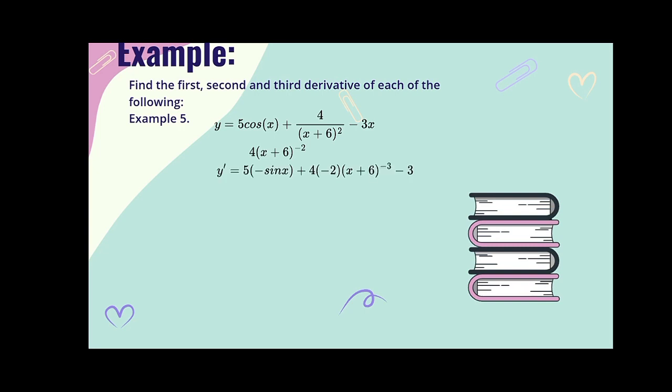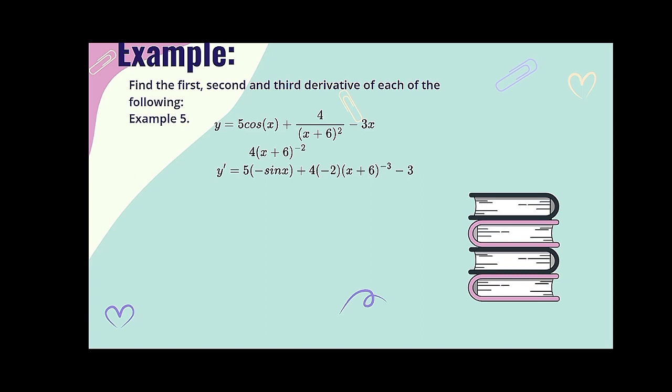So we will now get the first derivative of the function. The derivative of 5 cosine of x is negative 5 sine x, plus 4 times the exponent of the quantity x plus 6, which is negative 2, times the quantity of x plus 6 raised to negative 3. Negative 3 because negative 2 plus negative 1 equals negative 3.